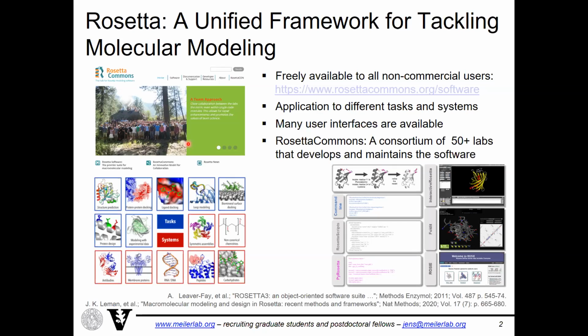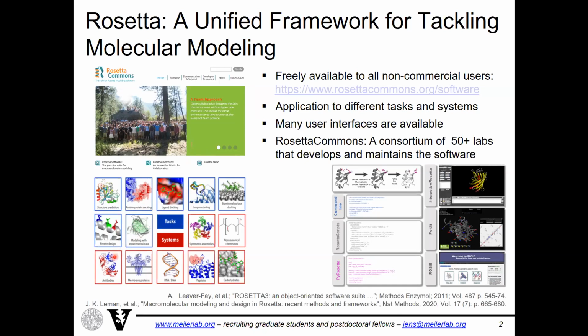And so you can use it for a substantial number of different tasks, including drug discovery, loop modeling, or looking at membrane proteins specifically. But it is also a very important tool for modeling antibodies, antigens, and their interactions.